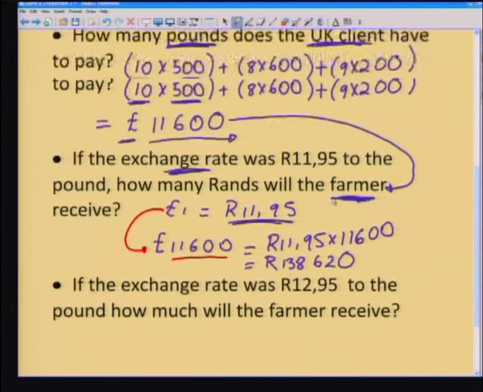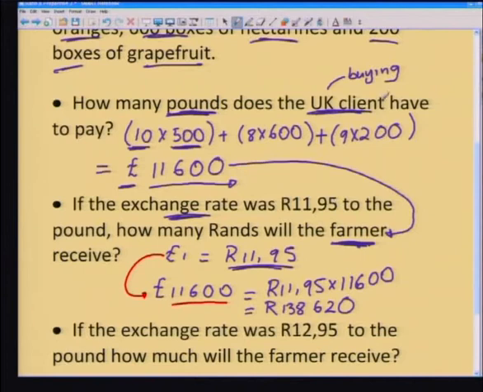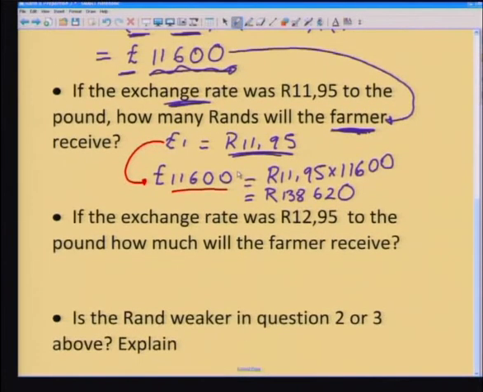Okay, so let's just understand what's happened here. The UK client is going to have to pay 11,600 pounds. Then after all the processing of exchange rates, we see that the farmer in South Africa is actually going to get the equivalent of that, which is 138,620 rand.